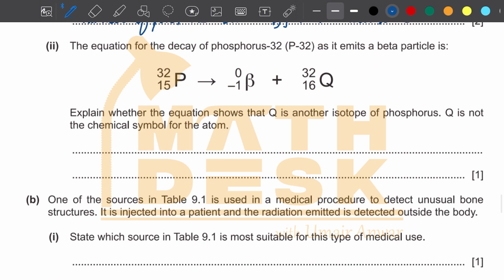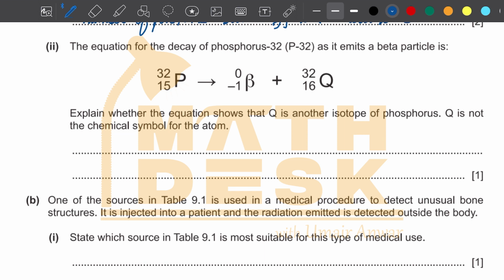The equation for the decay of phosphorus 32, P-32, as it emits a beta particle is: phosphorus 32 with proton number 15, by emission of one beta particle, gives an element Q whose proton number is 16 and the mass number is 32.